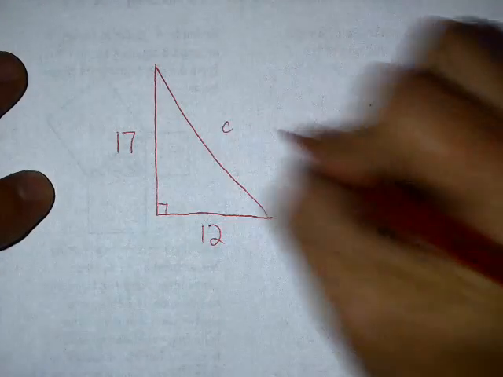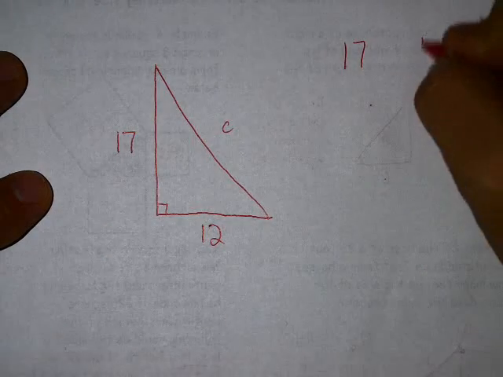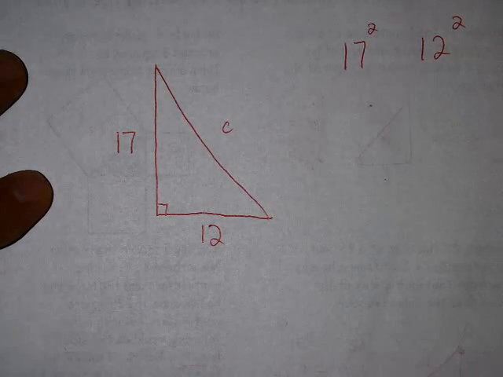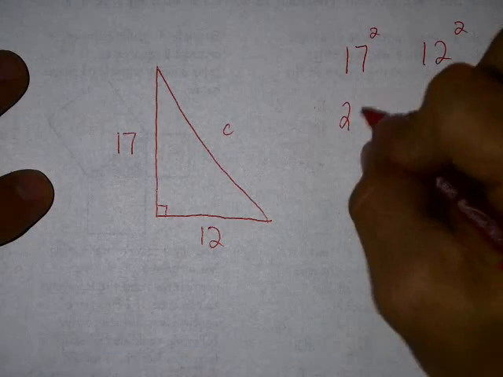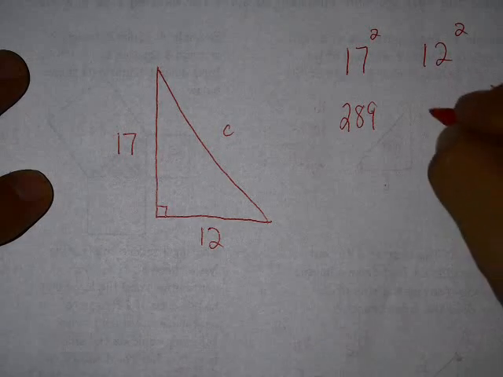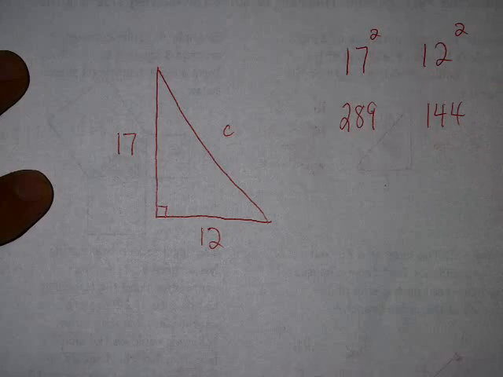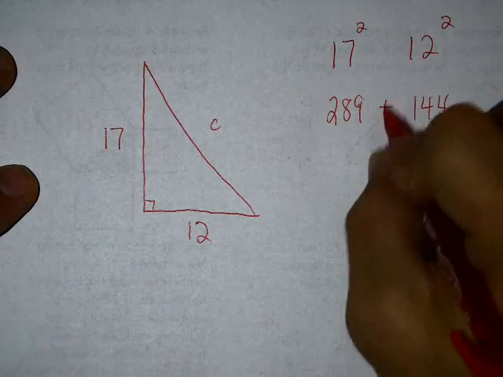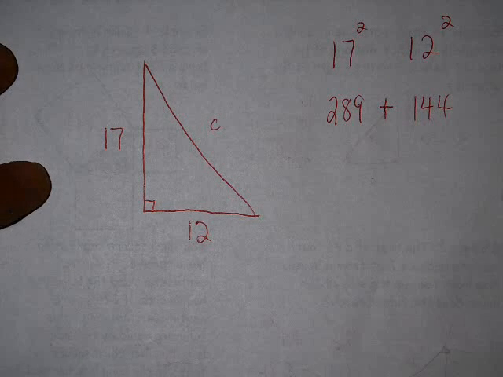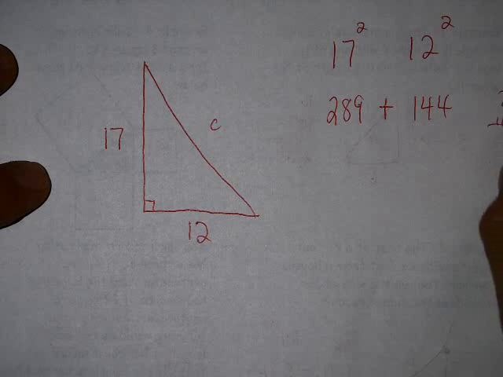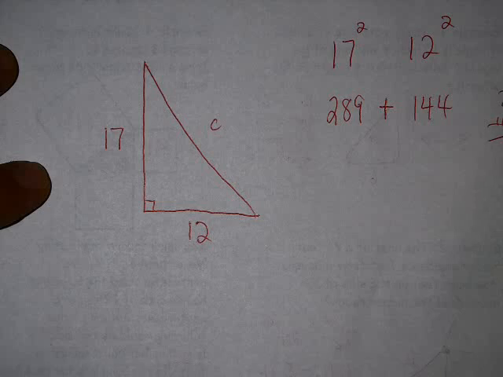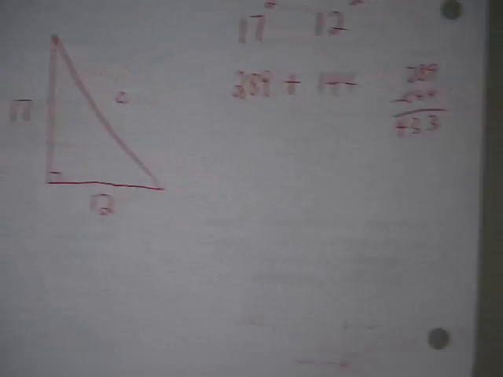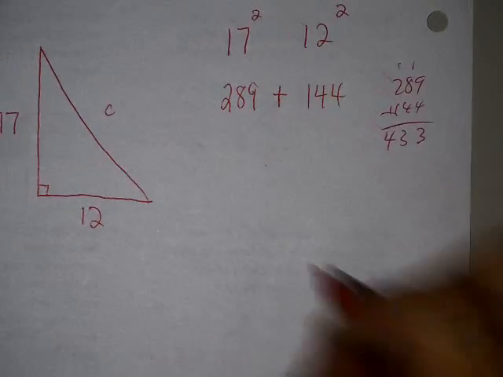I'm looking for my longest side, so I'm going to take the two sides they give me and square them. 17 squared, 289. 12 squared, 144. When I'm looking for the longest line, that tells me to add them. I might have to do a little addition, because not all of these you can do in your head. So I get an answer of 433.